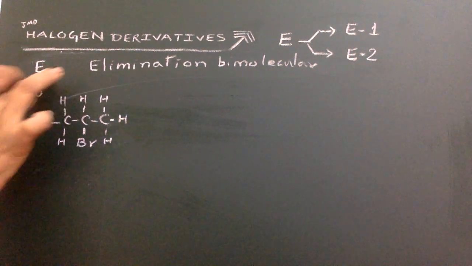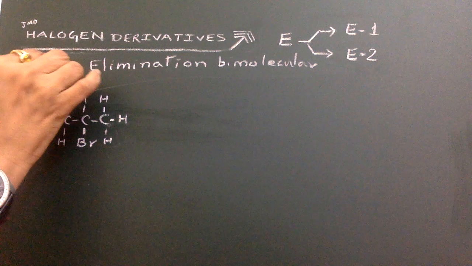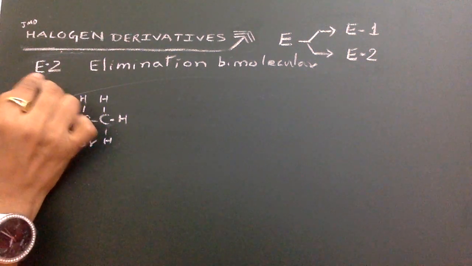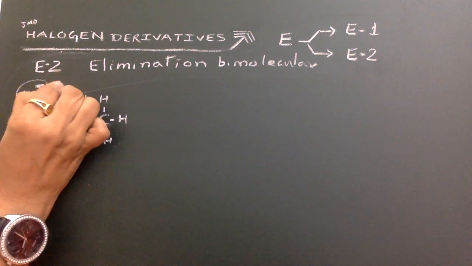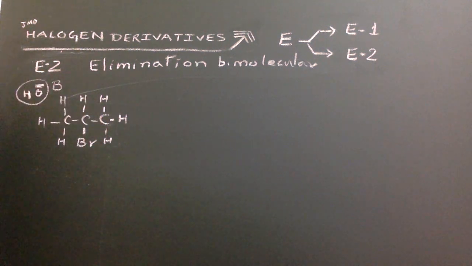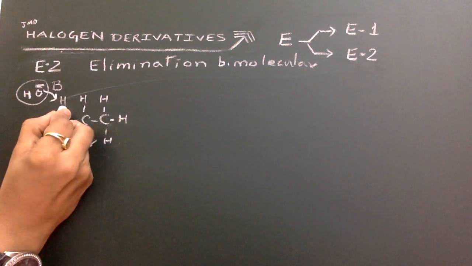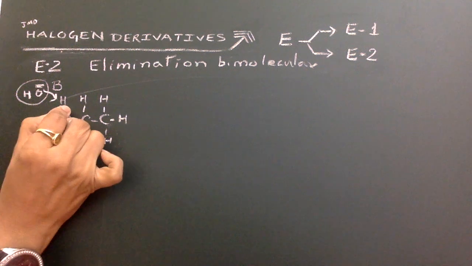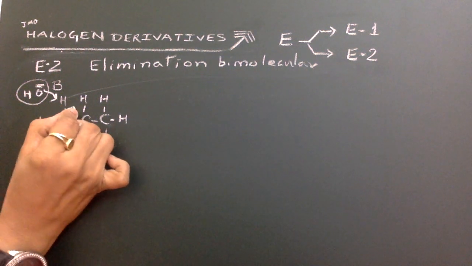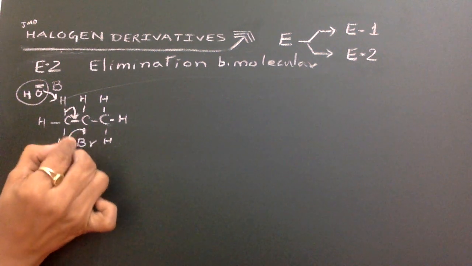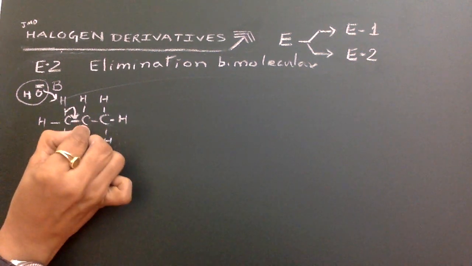I'm just writing this 2 here because it should not get congested. Now the OH minus attacks the H, and the electron pair over here is withdrawn to this place, and the Br leaves with its electron pair.